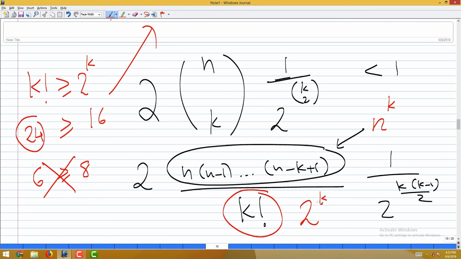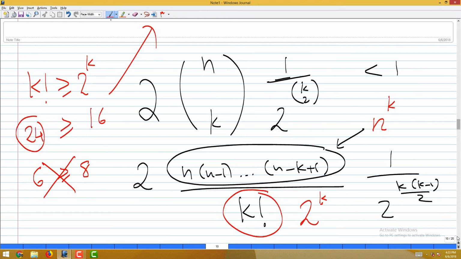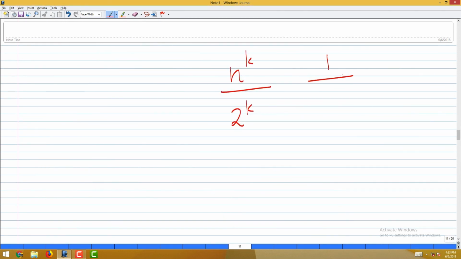Therefore, I put 2 raised to k below, and then it will so happen that this will be n raised to k divided by 2 raised to k, and 1 by 2 raised to k into k minus 1 by 2 here.